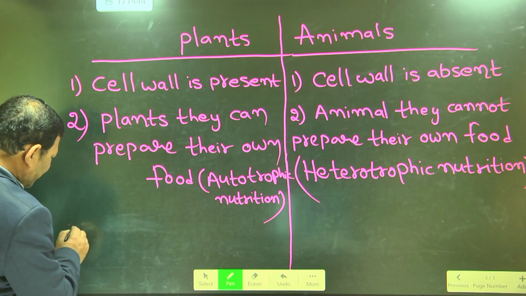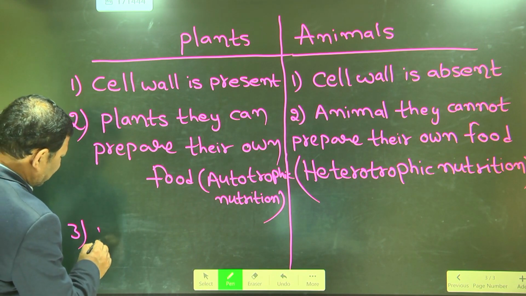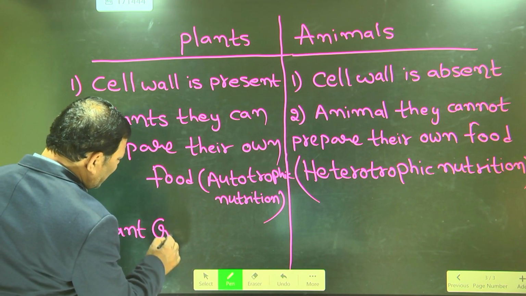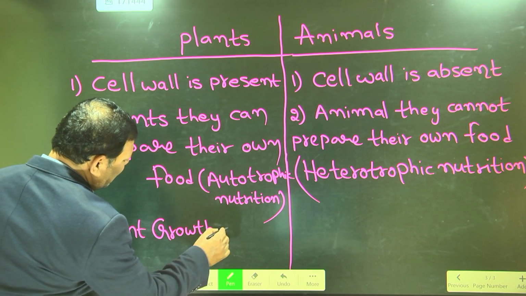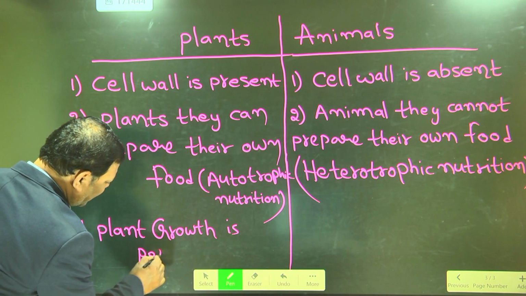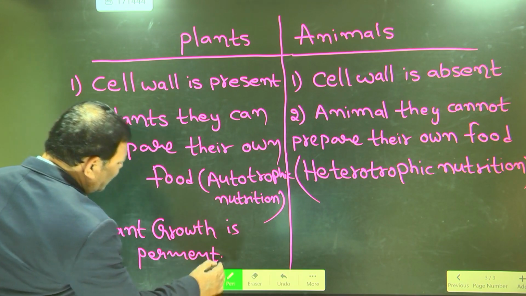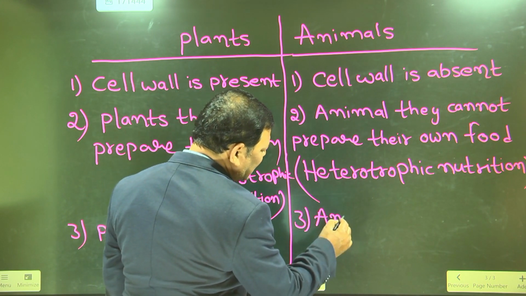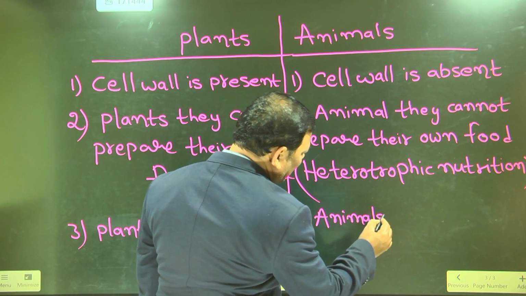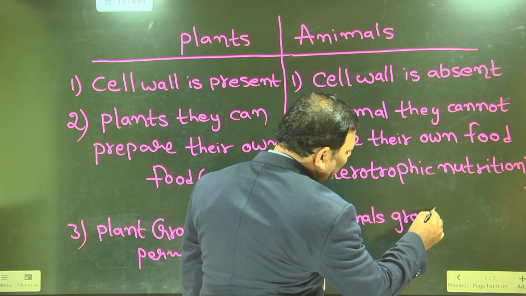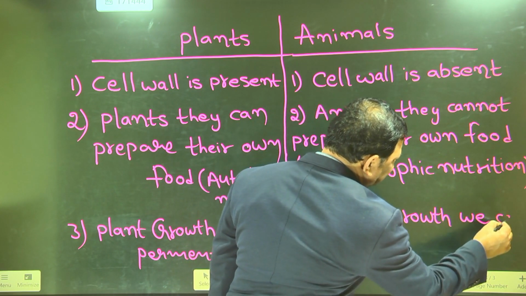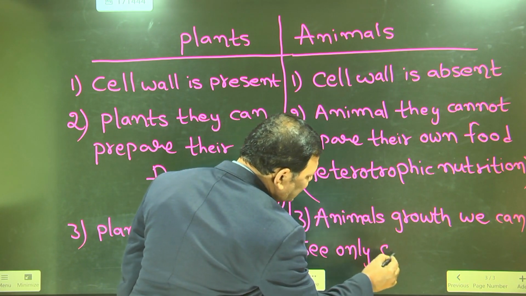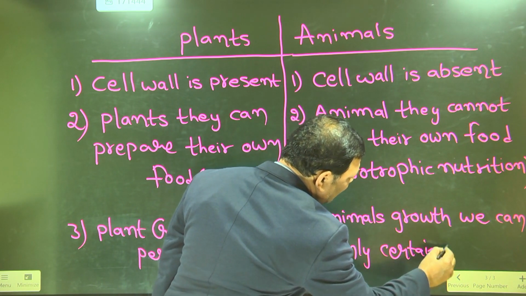In plants, growth is permanent. If you see animals, growth can be seen only for a certain period.